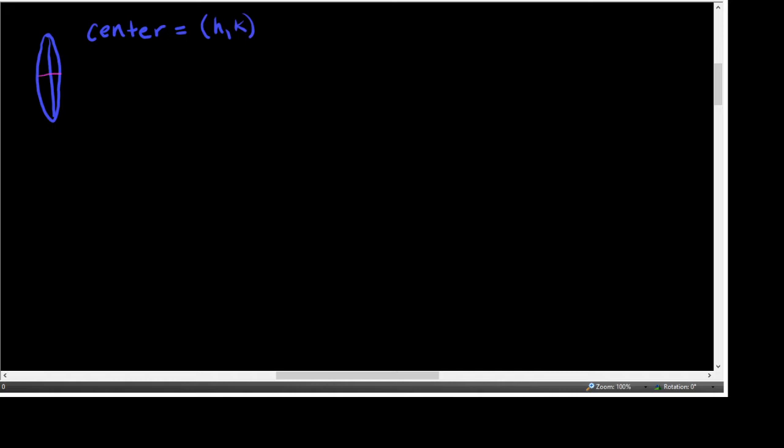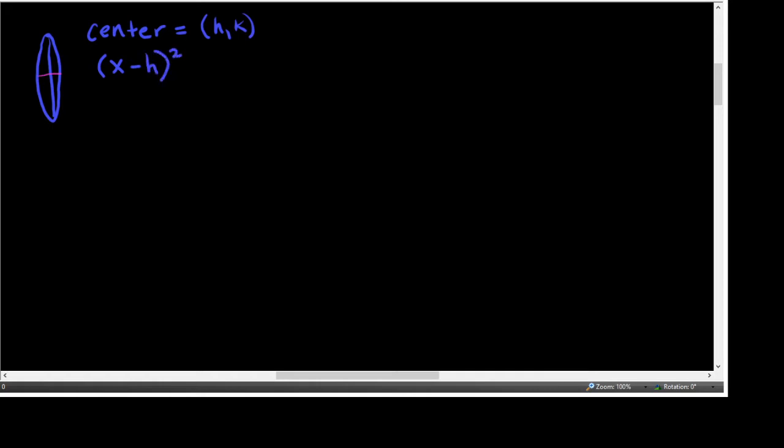And they derive an equation for the ellipse centered at the origin. And I'm going to go ahead and skip to where the center is off of the origin, or perhaps off of the origin. And this is what the equation will look like.